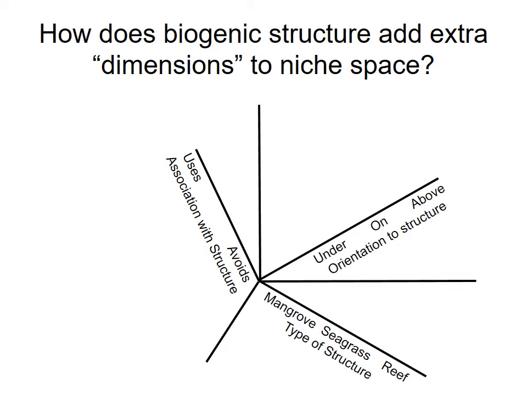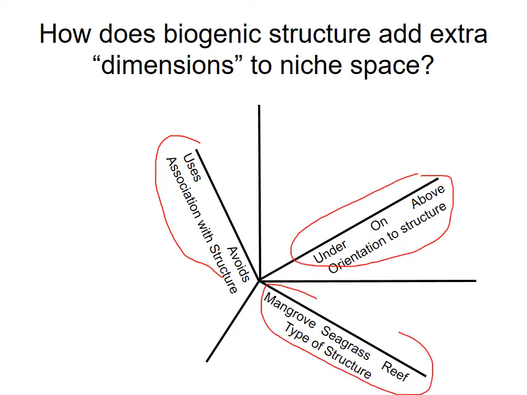So, adding biogenic structure to the environment adds new dimensions to niche space. In addition to the 3 dimensions that we added there, these are different ways that organisms could divide up the environment if there was a structure in the environment. So if there's a structure, you could live on the structure, above the structure, under the structure, and that's more ways of living than you would have if there wasn't a structure.